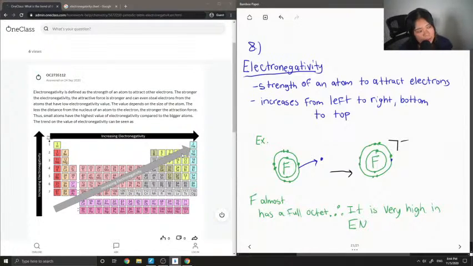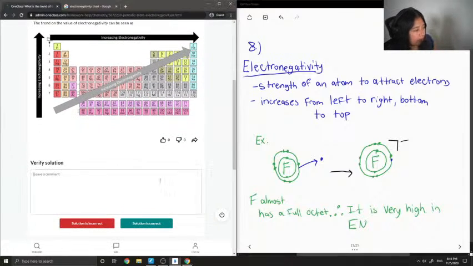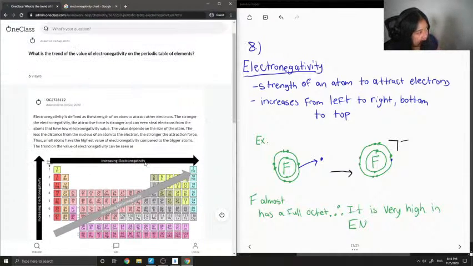The value depends on the size of the atom. The less the distance from the nucleus of an atom to the electron, the stronger the attraction force. Thus, smaller atoms have the highest electronegativity compared to the bigger atoms. This trend on the value of electronegativity can be seen as this, and then they just show us the trends. Okay, so this solution is correct.